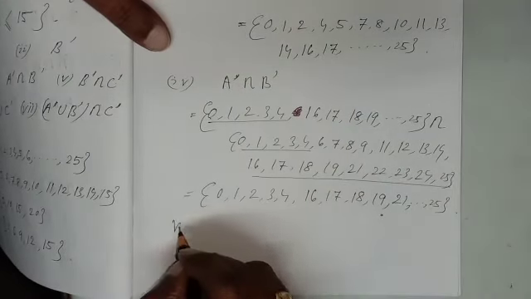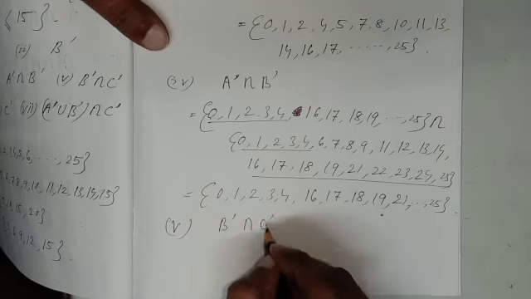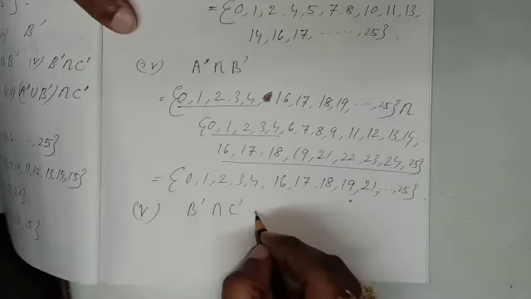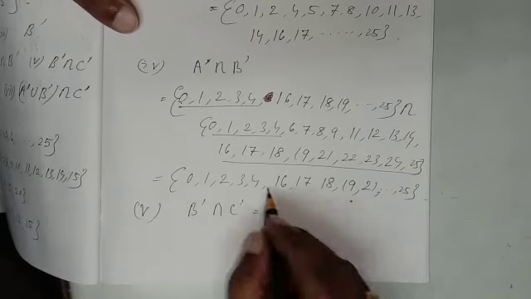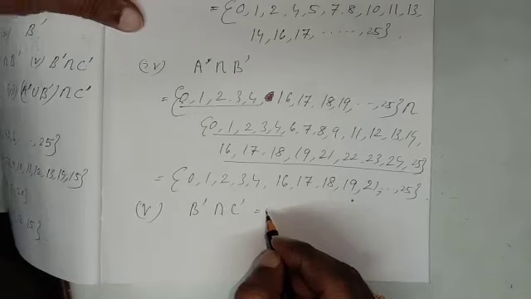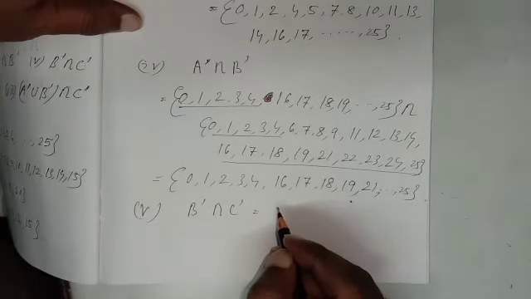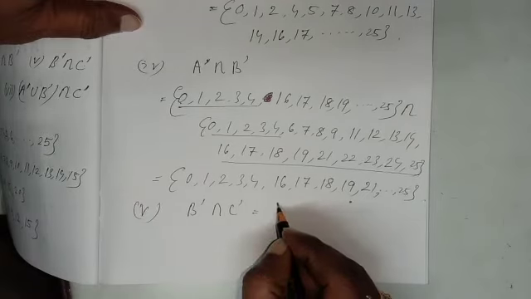Next part, that is the fifth part, B complement intersection C complement. B complement you got already written here. Intersection C complement. Between B complement and C complement, what are the common things? I am writing the answer only.